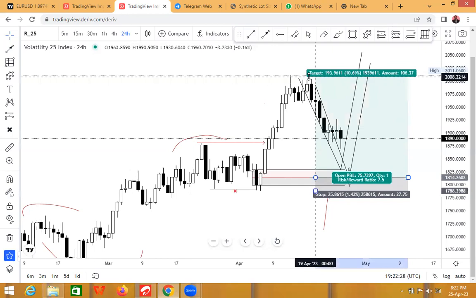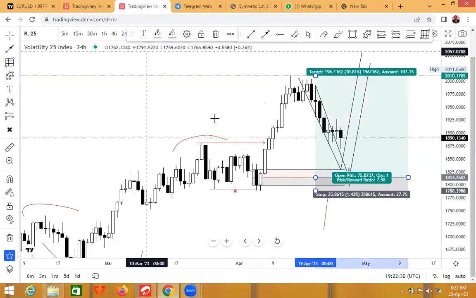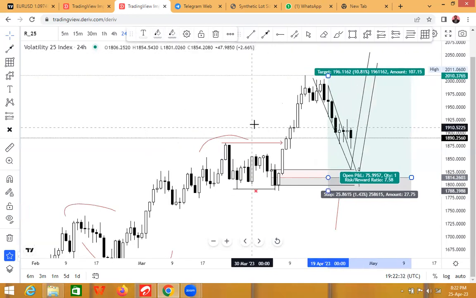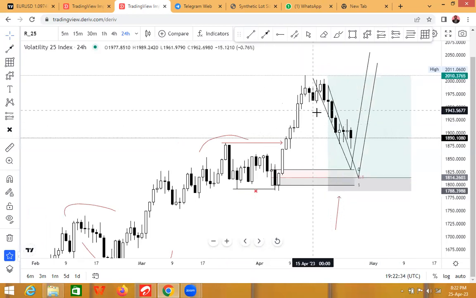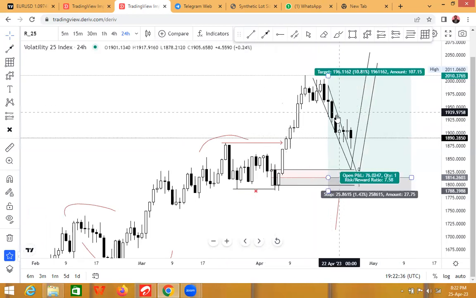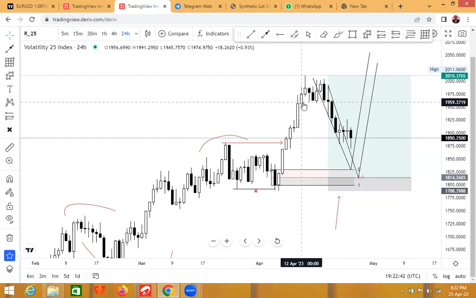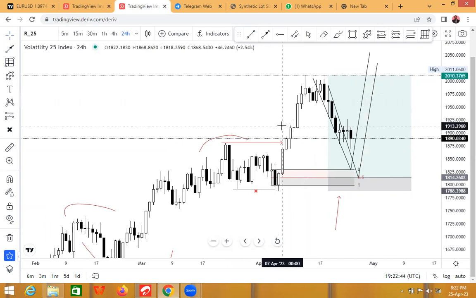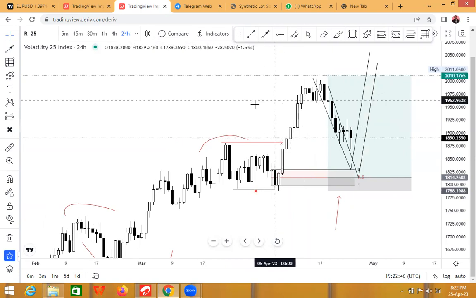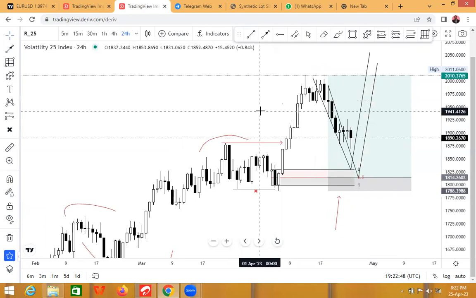Sometimes you're asking me, let's talk about Boom 500. If I had played that entry, the mitigation candle on daily, I would have been on that sell right now because the stop loss is around 26 pips. But I was waiting for a lower time frame and all of that, but all the same. So you just know your account size and you know what you can risk.